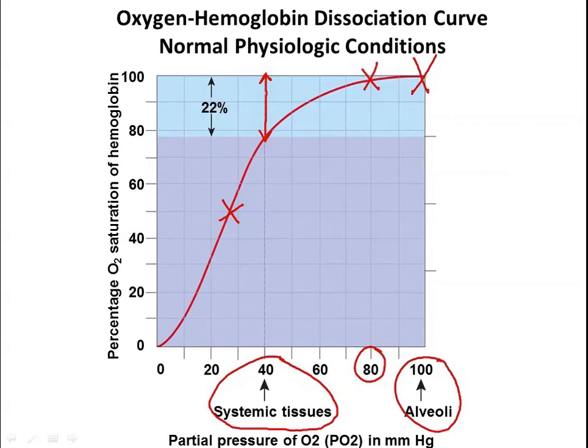So what you see here is a normal physiologic oxygen hemoglobin dissociation curve. But hemoglobin doesn't unload the same amount of oxygen in all tissues under all circumstances. So in the next slide, we'll begin to talk about the factors that can influence the binding of oxygen to hemoglobin and therefore will shift the dissociation curve.